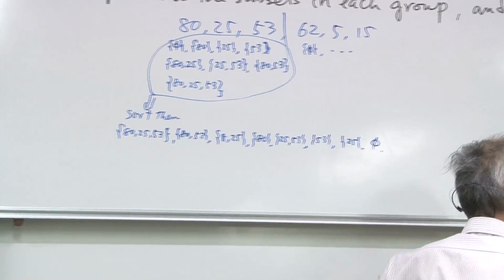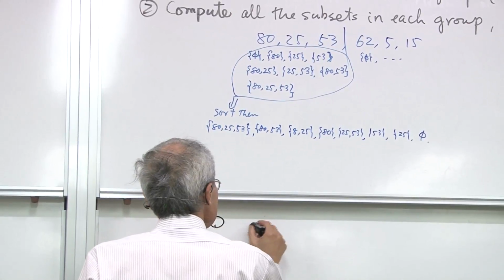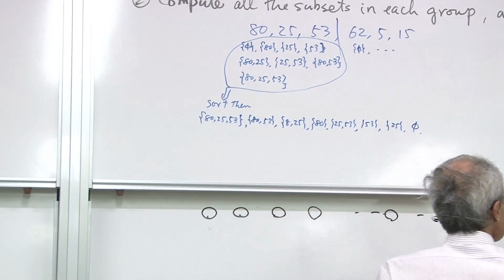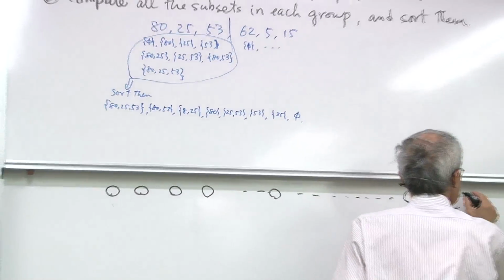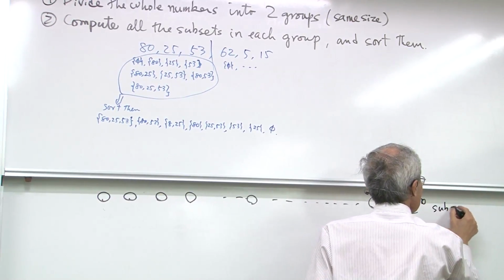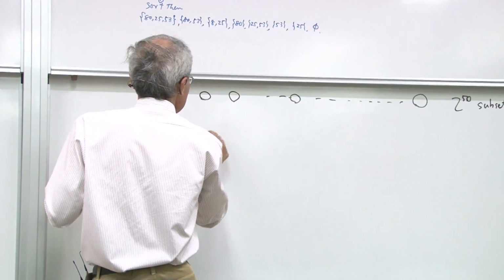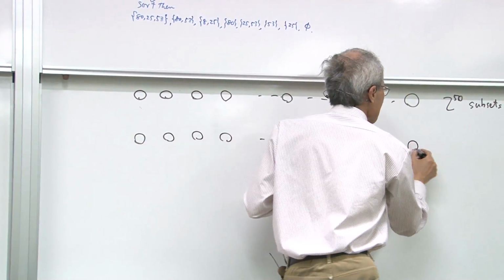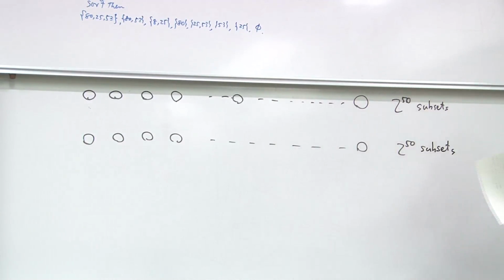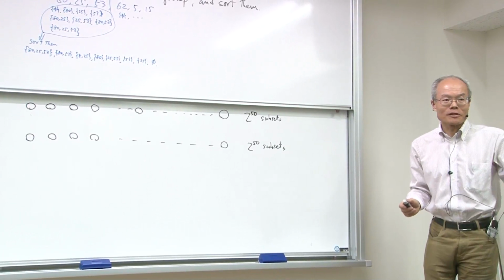Now, we have 2 to the n over 2, maybe 2 to the 50 subsets here, and we also have 2 to the 50 subsets there. Okay. So, what is your task?